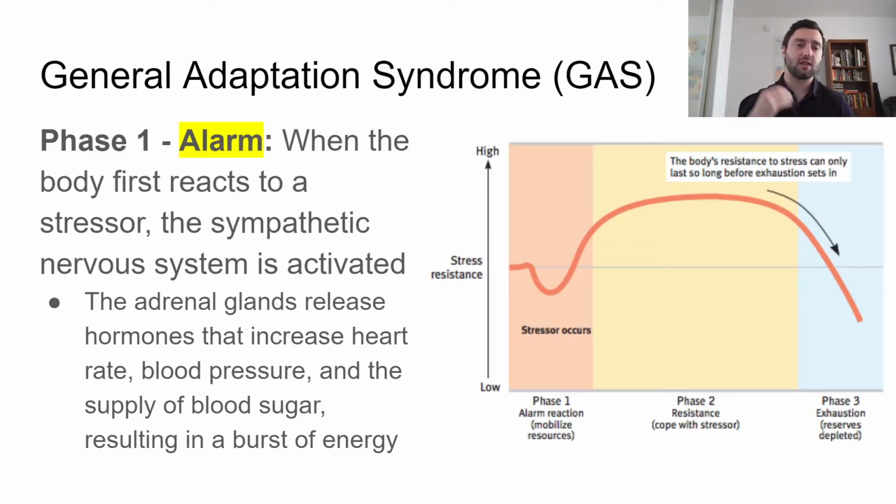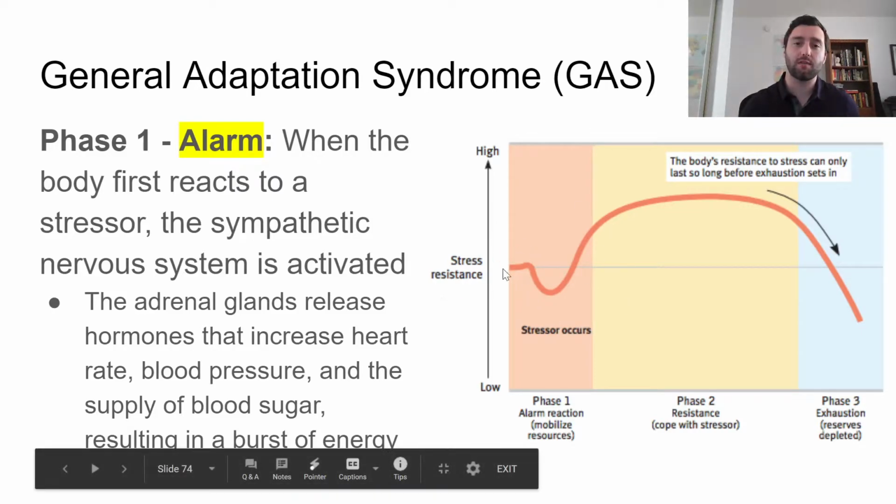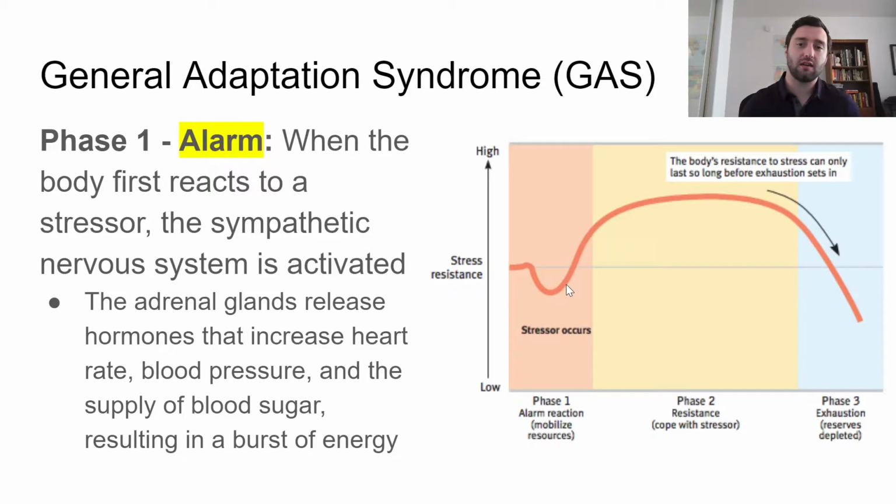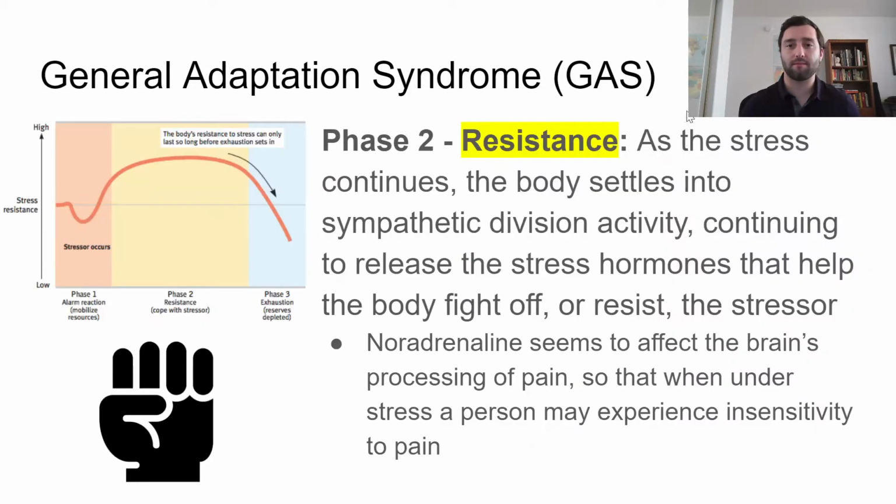That's that energy. We're having a really extreme physiological response, an arousal, and that's preparing our body to deal with whatever the stressor is. So again, the first phase is alarm. You can see it right here, and we are beginning to prepare our body.